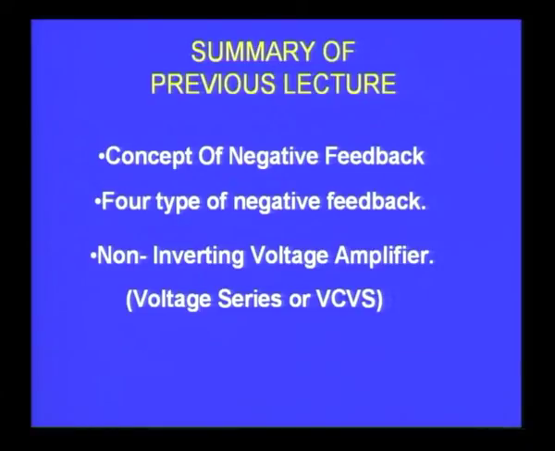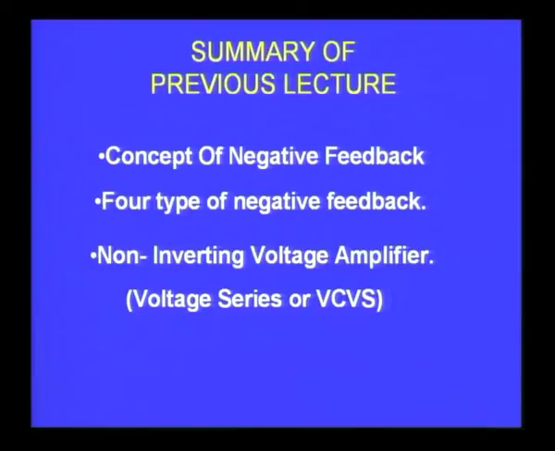You might recall, as you see on the screen, we discussed the basic concept of negative feedback in amplifiers and how there could be 4 different types of negative feedback circuits, depending upon what we sense at the output and what we give at the input.